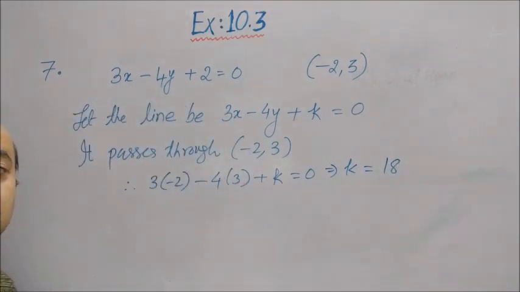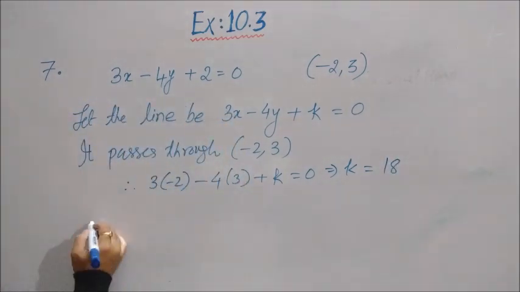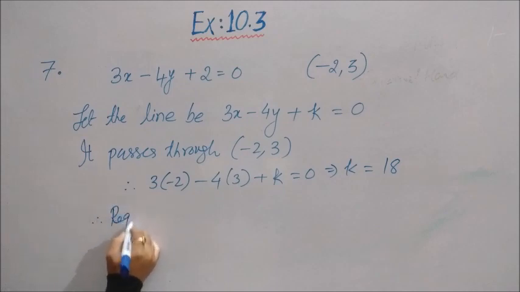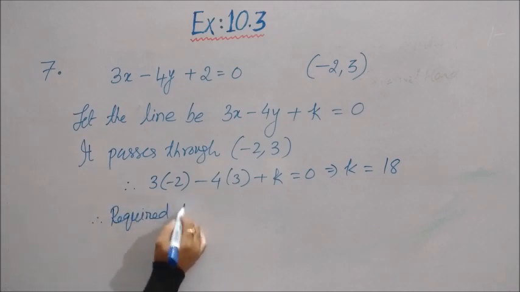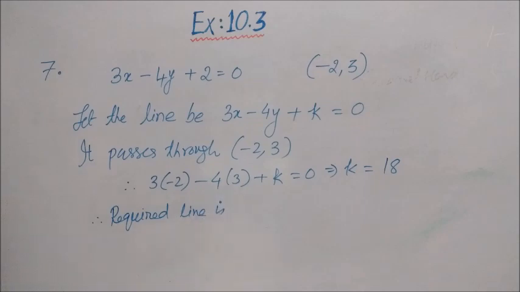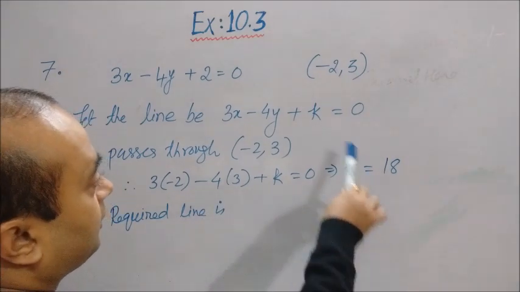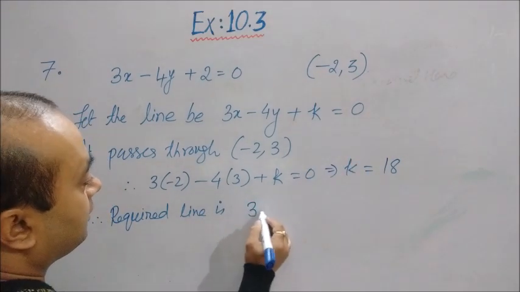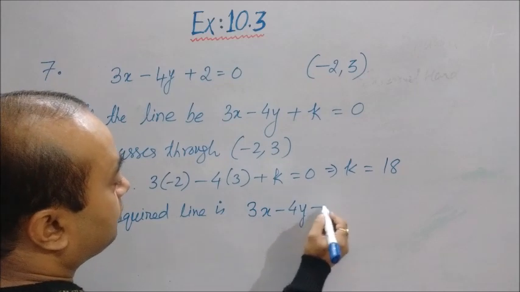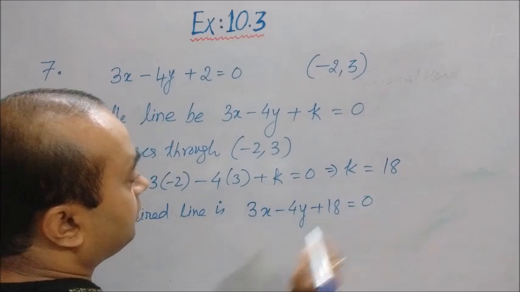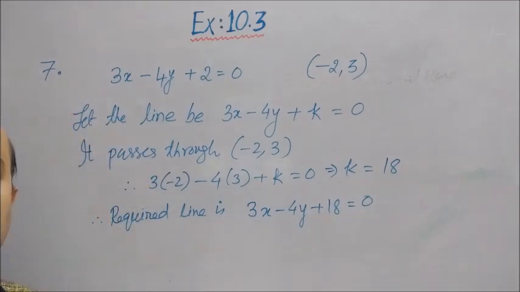So the value of k comes out to be 18. So therefore the required line is, what we have to do, this value of k we have to substitute here. That is 3x minus 4y plus 18 equal to 0. And this is the answer to question number 7.